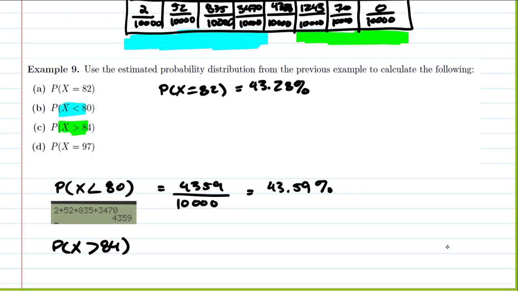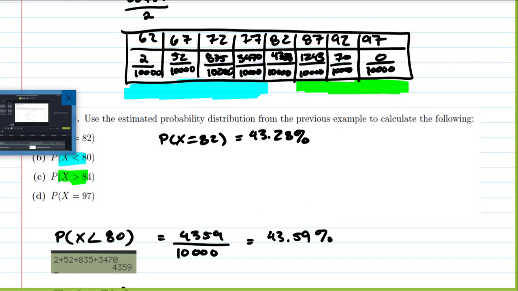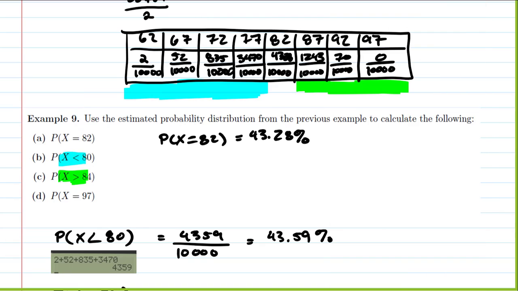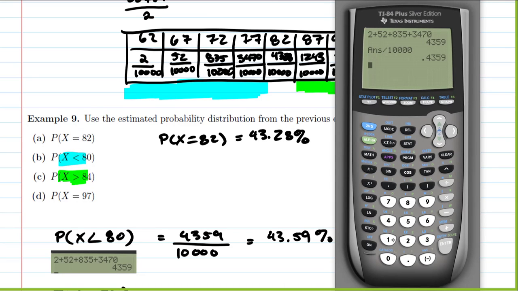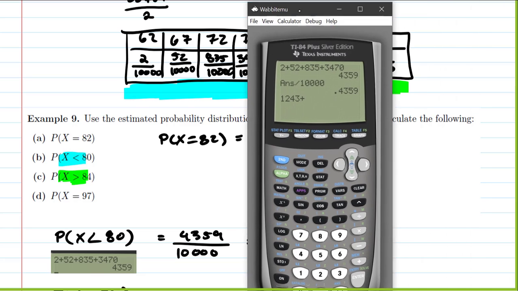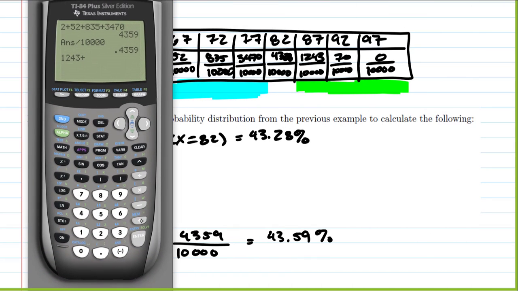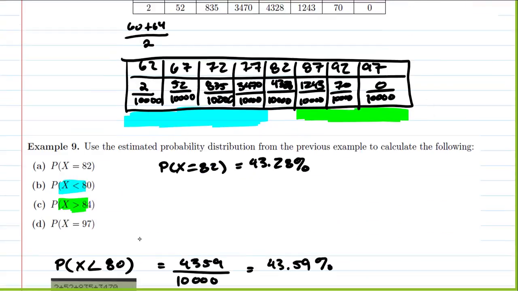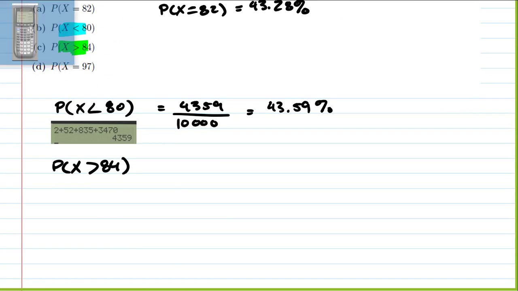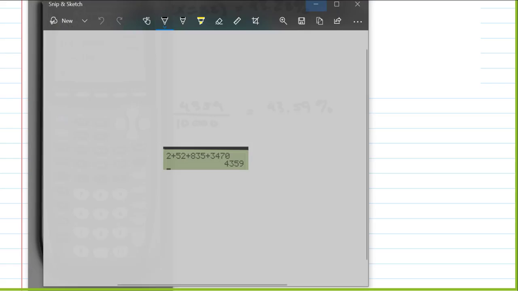So that's going to give us 1243 plus 70, which is going to give us roughly 13%.